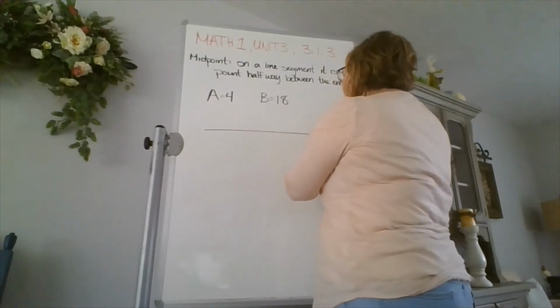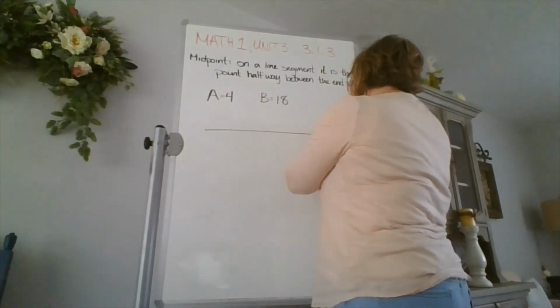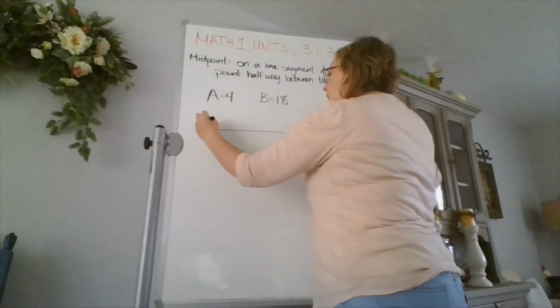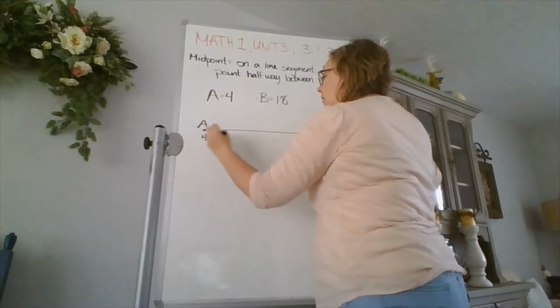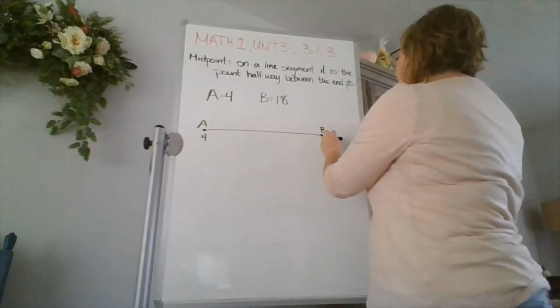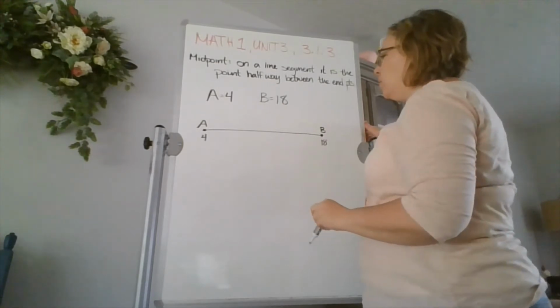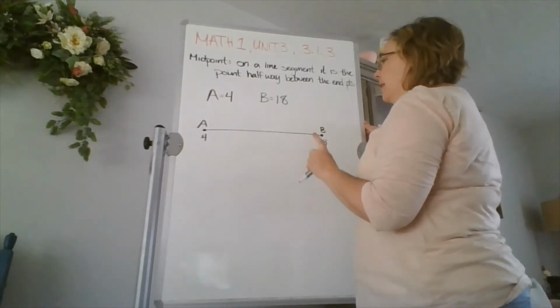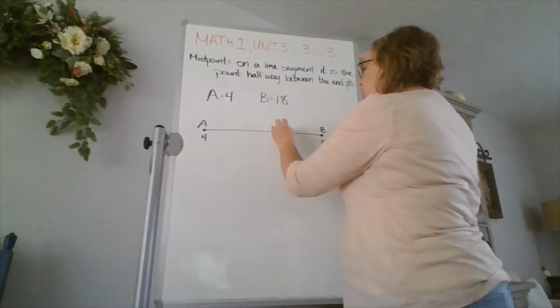So in other words, we have this line segment. Here's B. Here's A. A is at 4 and B is at 18. And we want to find a number that is 4/7, so it's about here.